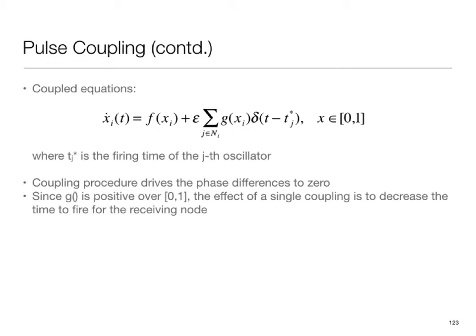It turns out that with very high probability, under pretty reasonable conditions, such systems cause this kind of coupling, cause the phase difference to go to 0. In effect, these oscillators synchronize their phases. So that's the basic idea.